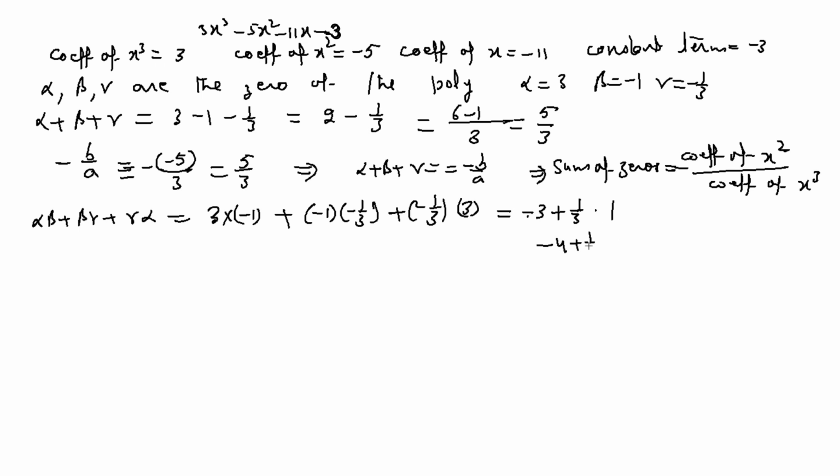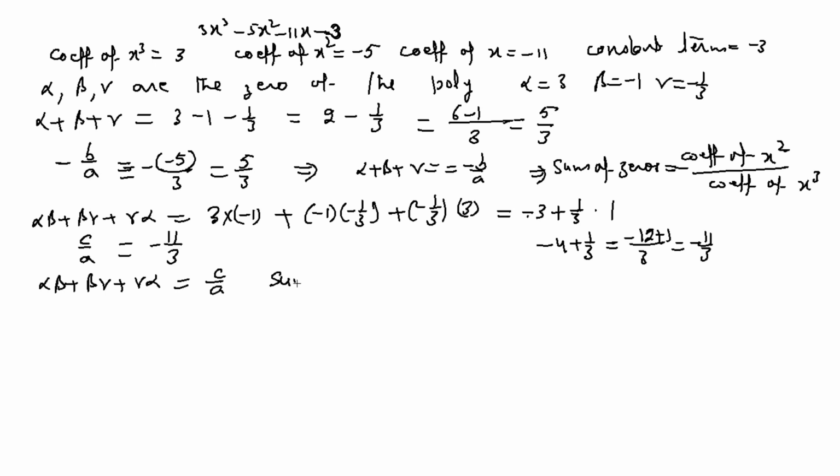So you take 3 as the LCM, you will have minus 12 plus 1 in the numerator, and when you solve it, you will have minus 11 by 3. Write c by a, which is equal to minus 11 by 3. So this shows alpha beta plus beta gamma plus gamma alpha is equal to c by a. So you can also write the sum of the products of zeros taken 2 at a time is equal to coefficient of x upon coefficient of x cube.